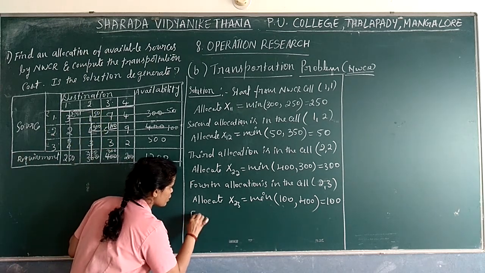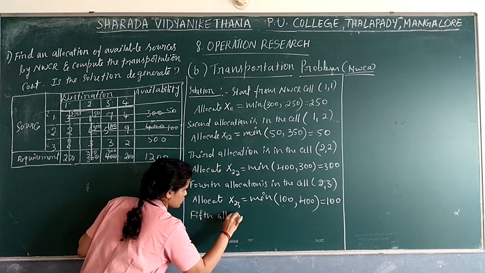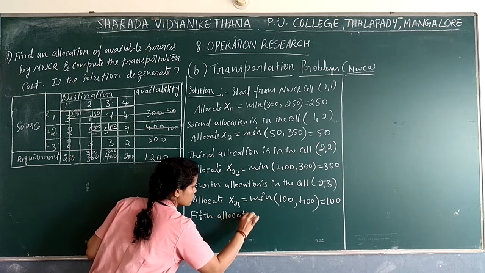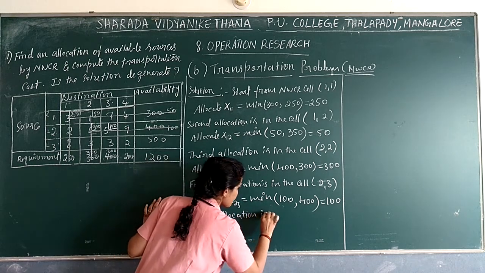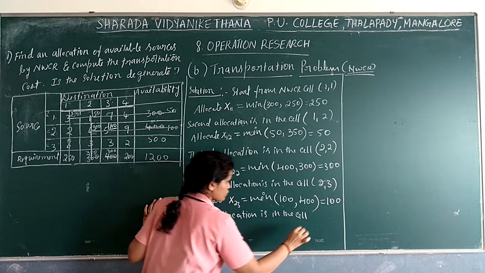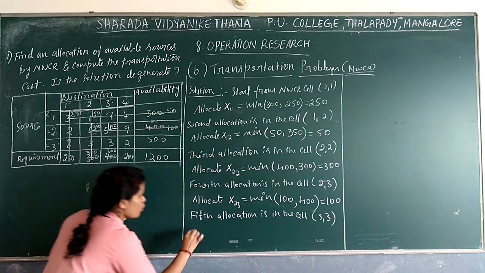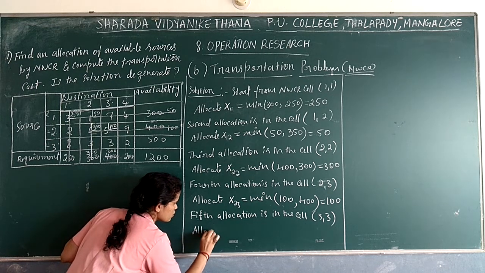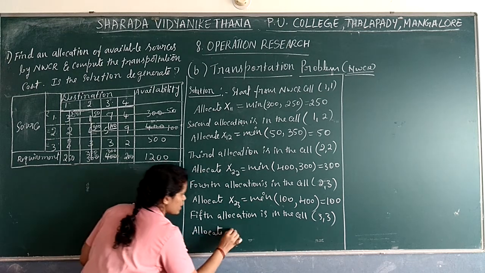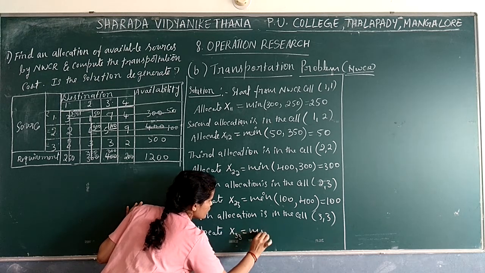Now fifth allocation is in the cell 3, 3. Now allocate x33 equals minimum.